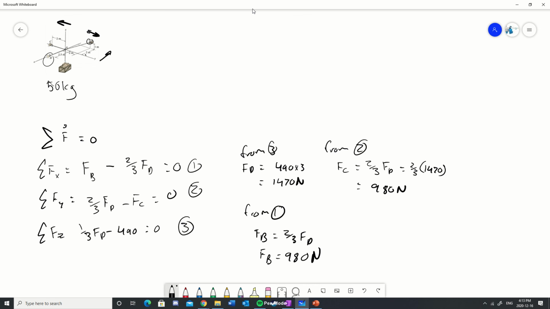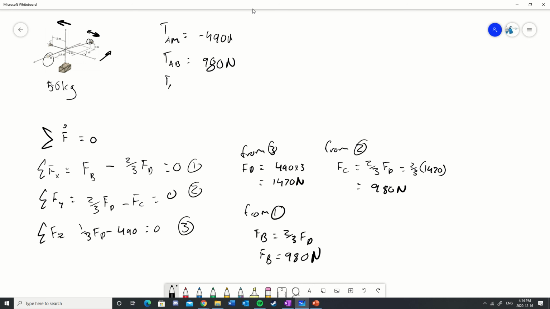we'll see that we've got force of the mass is equal to negative 490 newtons. Rather, tension in the cable between A and the mass, and the tension in the cable between A and B will end up equaling 980 newtons.